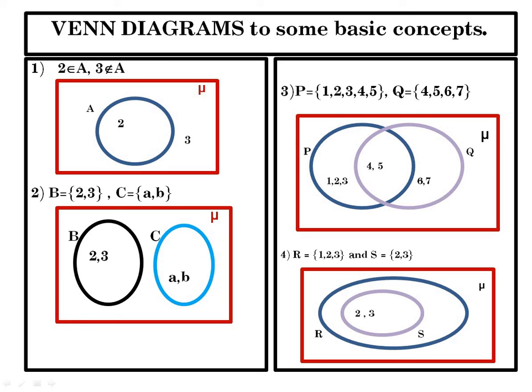So 2, 3 exist in S. Also we can see that 2, 3 exist in R, isn't it? So what is the remaining element in R? It is 1. So you write that 1 outside S.